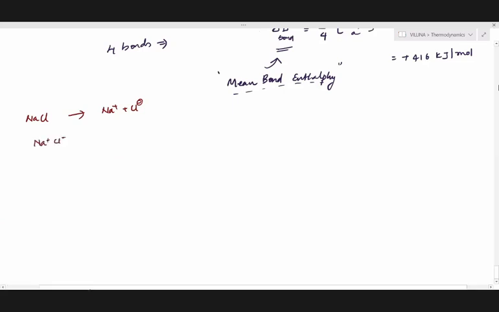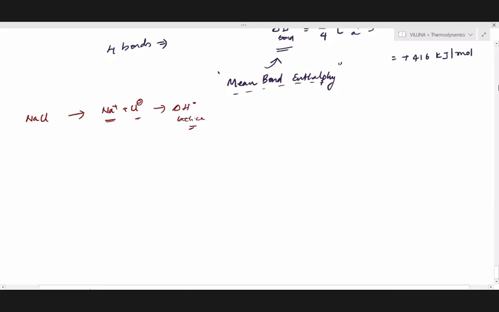Na plus Cl minus, Na plus Cl minus, it will be packed in a crystal lattice. So we have to break those lattices in order to convert these ionic compounds into ions. So there we will be including the term delta H lattice, standard lattice enthalpy, right?